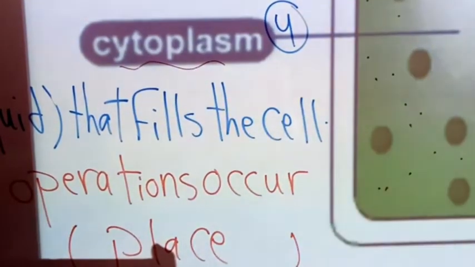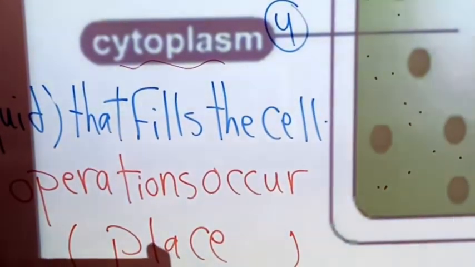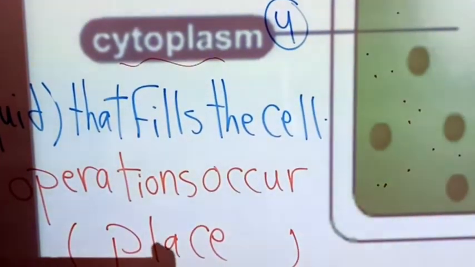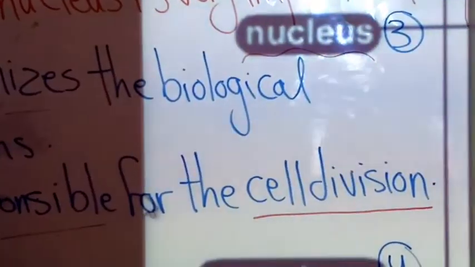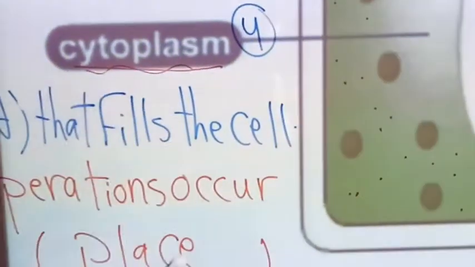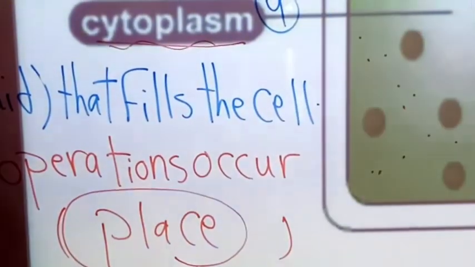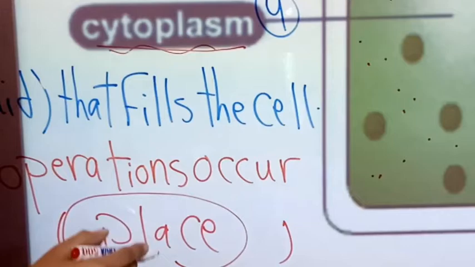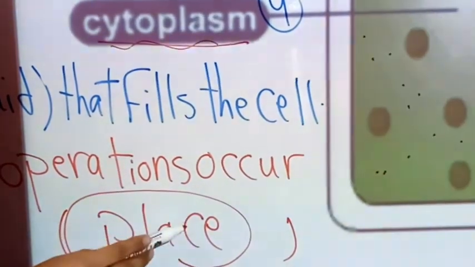All the biological operations occur in it. All the biological operations which the nucleus is responsible for occur in the cytoplasm. So again, the cytoplasm is the place at which all the biological operations occur.